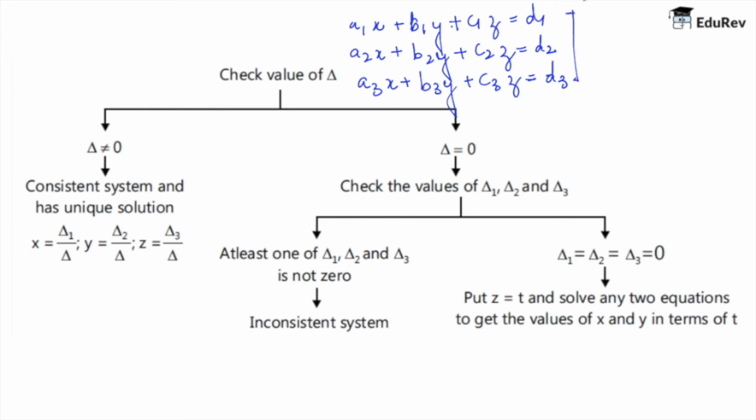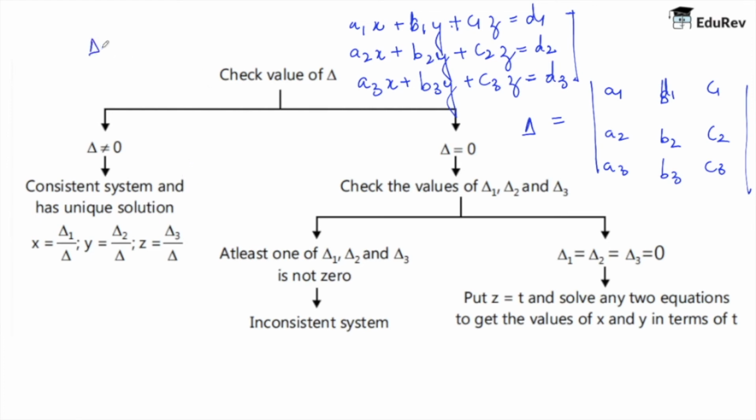So to find the solutions of these three equations, let's form a matrix, and that will be a1, a2, a3, b1, b2, b3 and c1, c2, c3. So this matrix is termed as the determinant. But now what is determinant 1, determinant 2 and determinant 3?